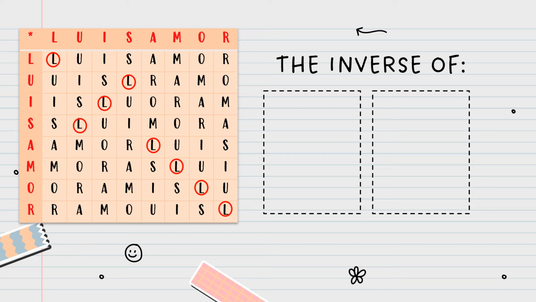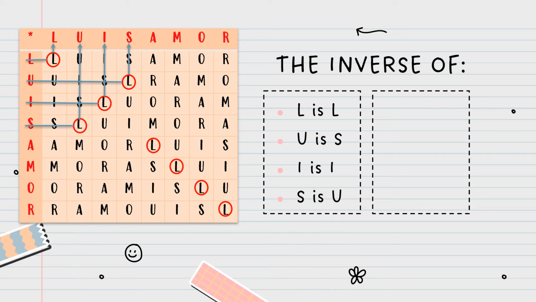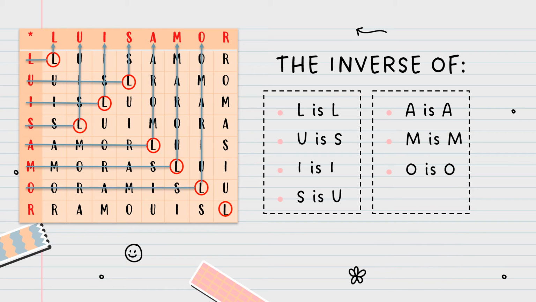For the first one, we may say that the inverse of L is L. The inverse of U is S. The inverse of I is I. The inverse of S is U. The inverse of A is A. The inverse of M is M. The inverse of O is O. And lastly, the inverse of R is R. So this means that an inverse exists for every element, which satisfies the third property.